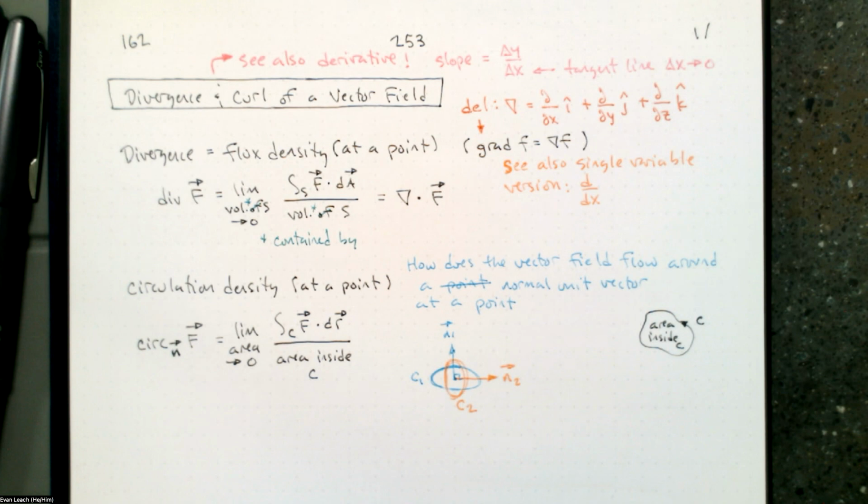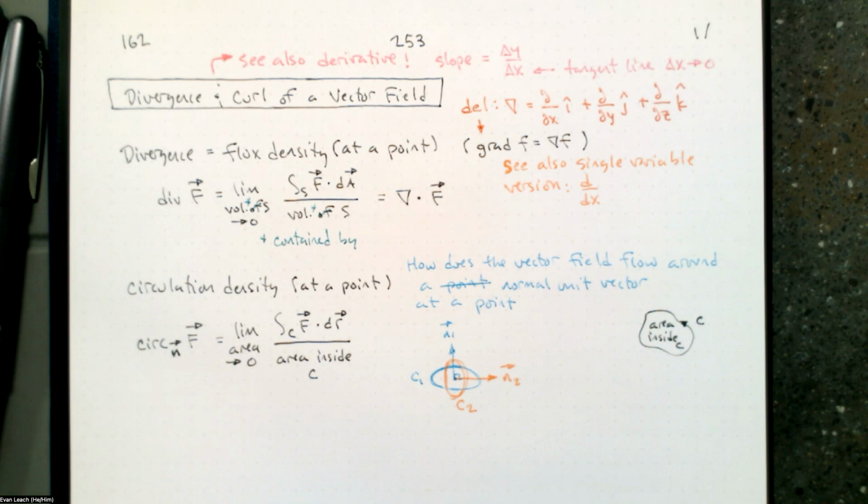All right, so at a point, there's all kinds of different directions we could establish a normal vector. We can point in any direction, all the way around for 360 degrees in theta and 180 degrees in phi, if we think of this in terms of spherical coordinates.